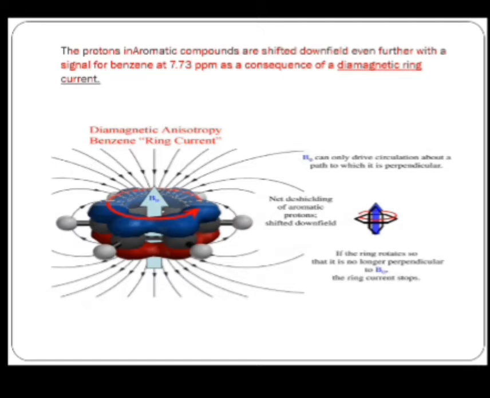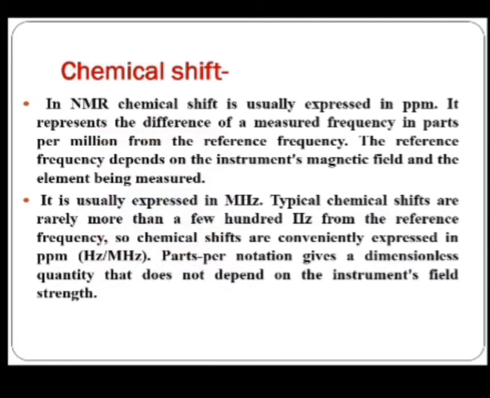So friends, this is the denotation for the upfield and downfield protons in alkene, acetylene and benzene ring. So, chemical shift in short: in NMR, chemical shift is usually expressed in ppm. It represents the difference of the measured frequency in parts per million from the reference frequency.